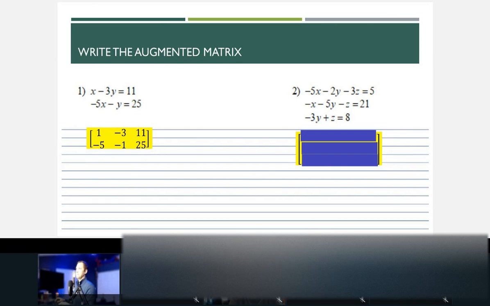Yep. Pretty simple stuff, right? All right, what about number 2? What is row number 1? Negative 5, negative 2, negative 3, and then 5. Yep. What about row number 2?